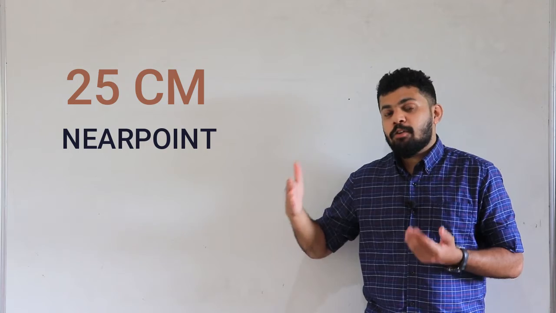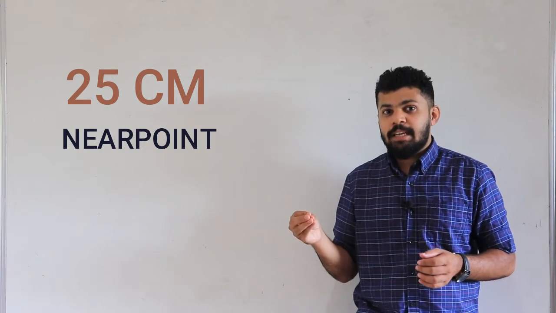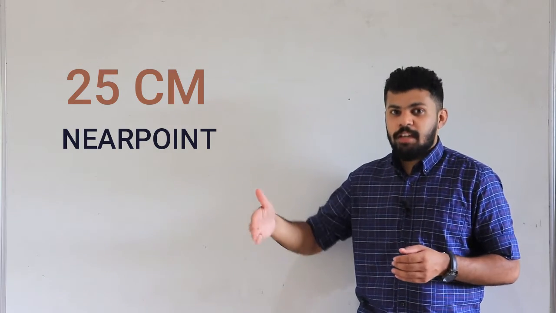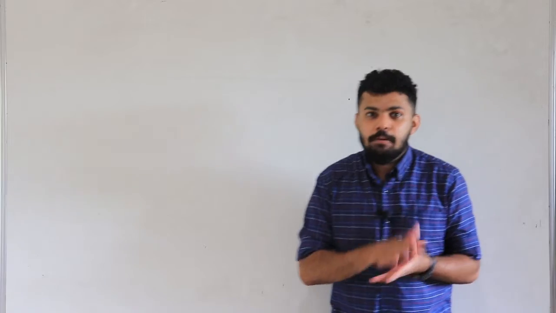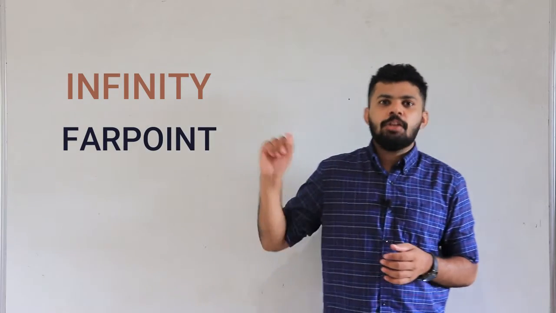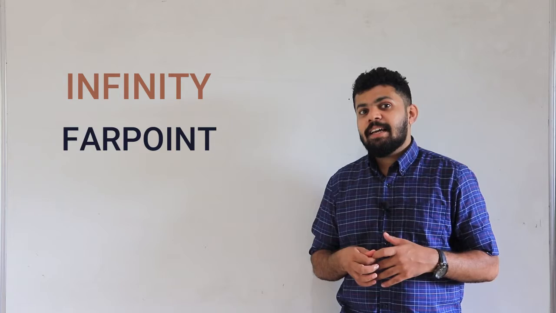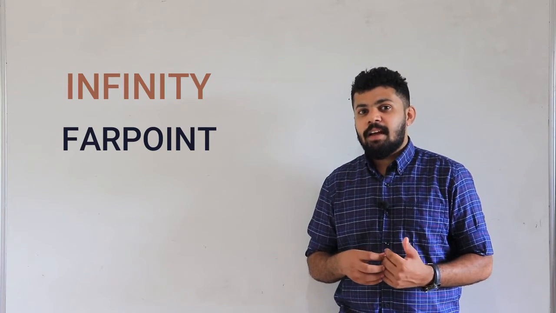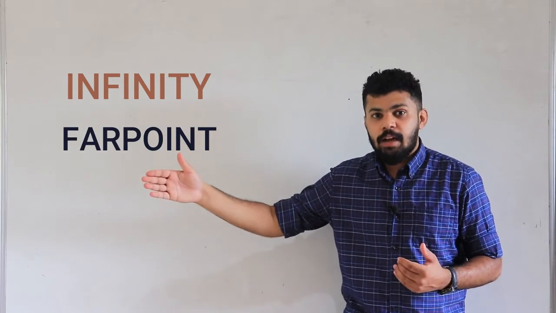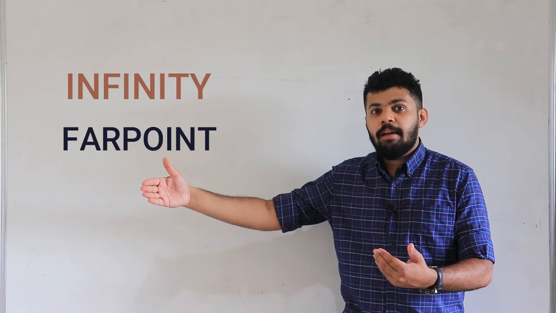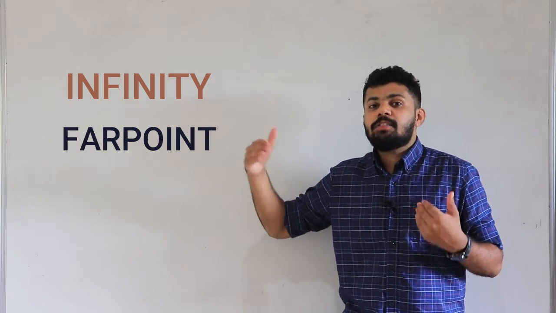A normal person can see a clear image at a minimum of 25 centimeter, and the far point of a normal person will be at infinity. He can see an object clearly up to infinity. There is no limit up to where he can see clearly.